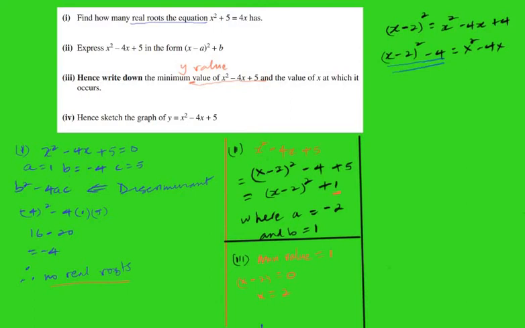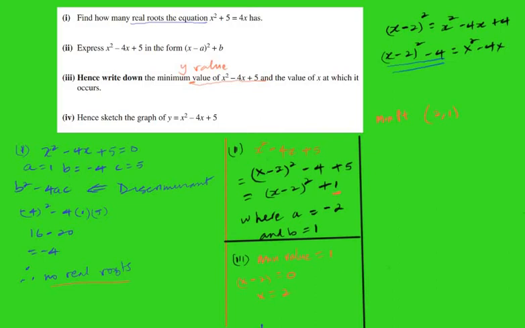So where does this graph cut the y-axis? Right, and we have the point here, the line of symmetry, or the minimum point in this case. The line of symmetry passes through this point, 2, 1. Right, so that's the minimum point.